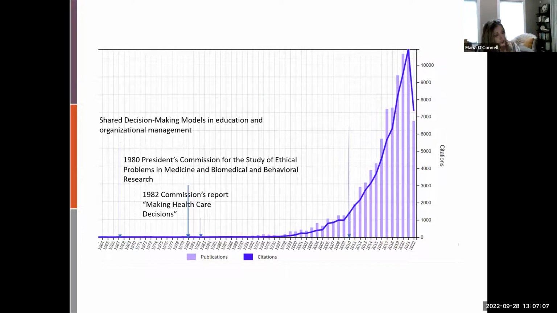In 1982, this commission released a report called Making Healthcare Decisions. In this report, they specified that individuals need to have a say in their healthcare, and particularly when the options may be ambiguous in terms of outcomes. So this was the first time a national board had said people need to be involved in their healthcare decisions.